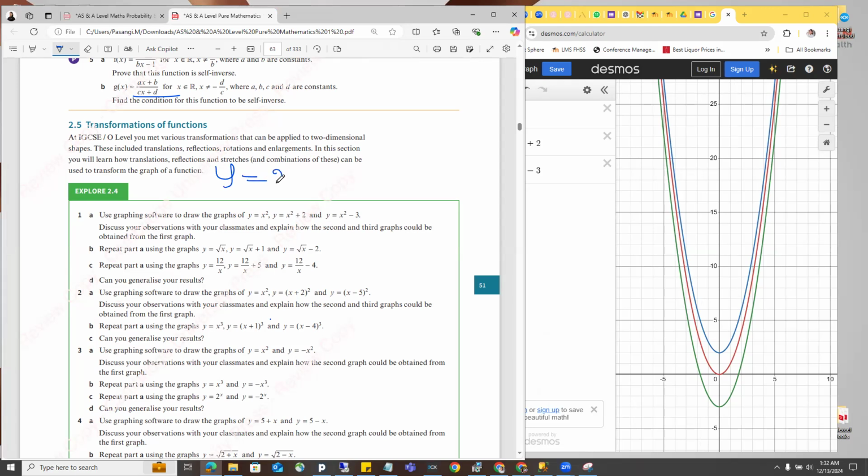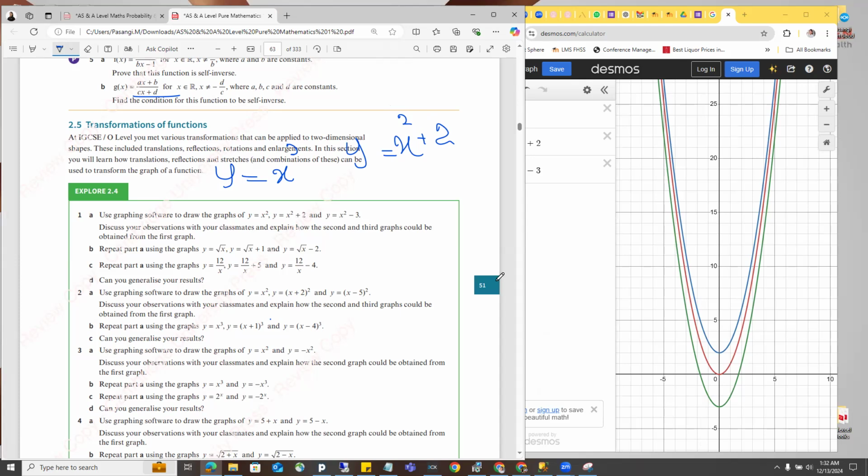So if it's y equals x squared, now we have this one. They have done y equals x squared plus 2. If it's x squared plus 2, that means all the y values have been moved up by 2. Earlier the minimum y value was 0, but now it's 2.